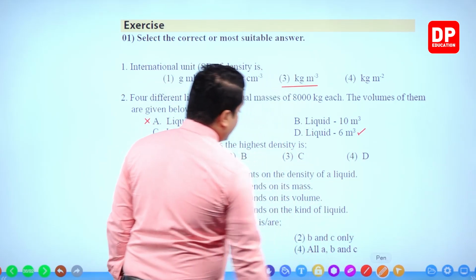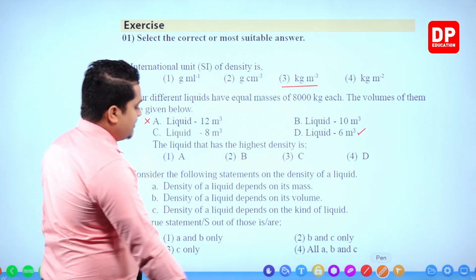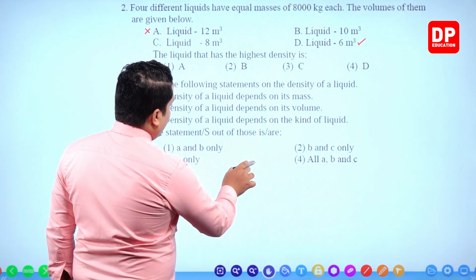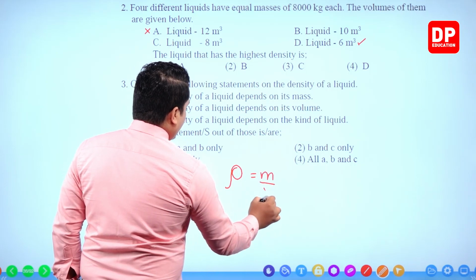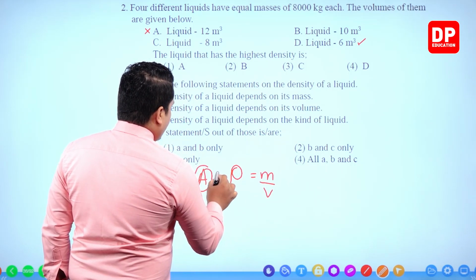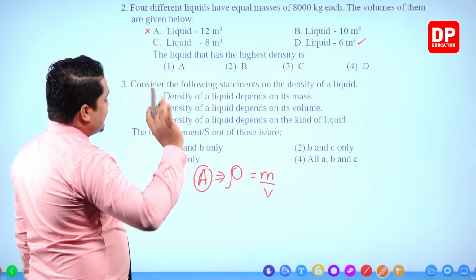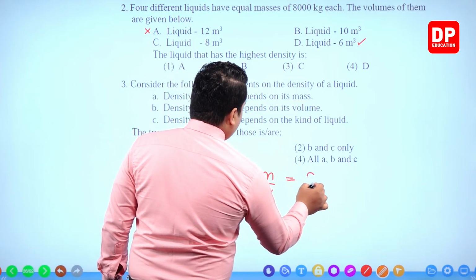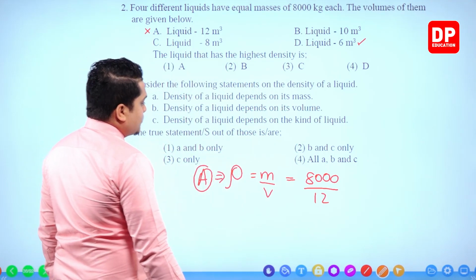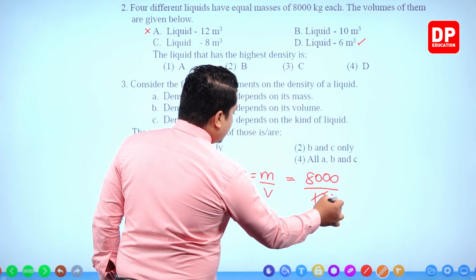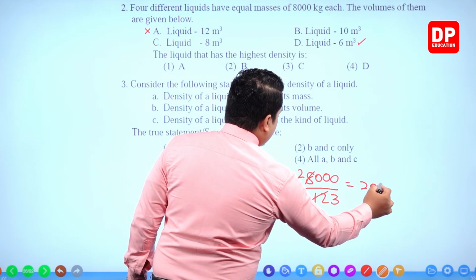Let's calculate and see. I'm going to show you the calculation as well. You know that density, rho, is equal to m over v. So in A, you can find it like this. A is 12, the masses are equal at 8,000 kilograms, so the mass is constant at 8,000. You divide it by 12. So 4 times 3, 4 times 2,000, giving 2000 over 3.